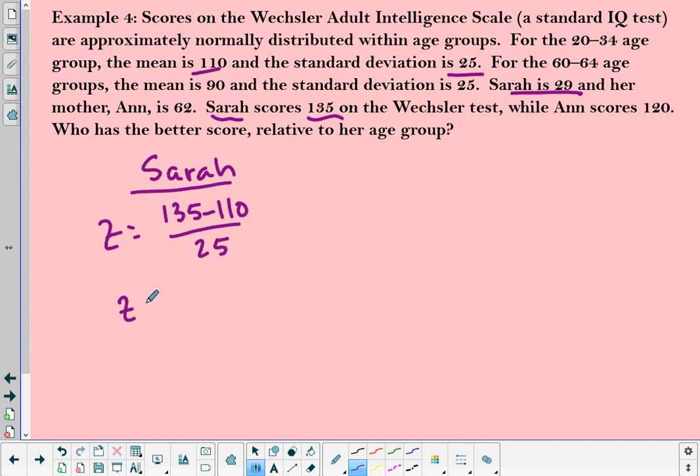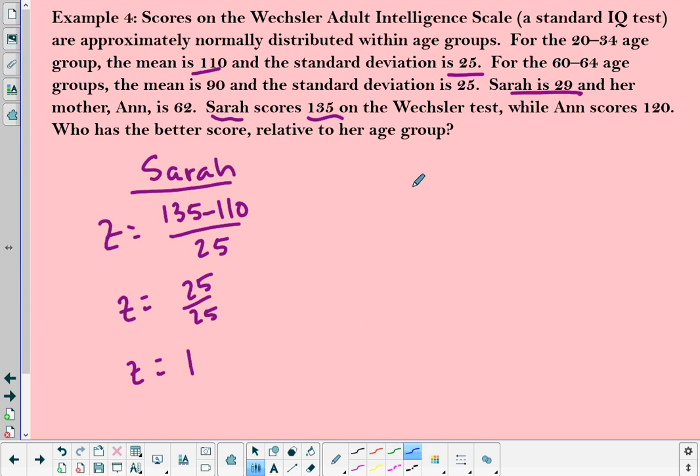When I calculate that out, that gives me 25 over 25, which means she has a z-score of 1. So Sarah's normalized score on the normal curve is 1 standard deviation away from the mean and above the mean because it's a positive 1.